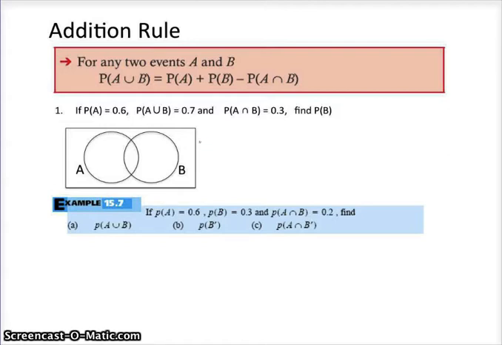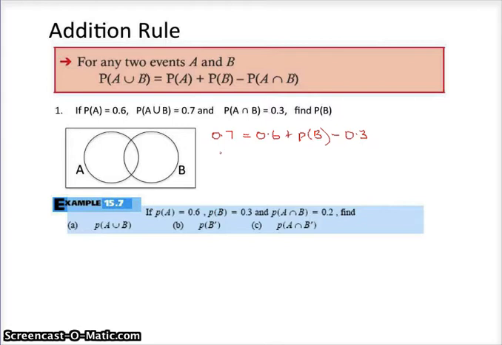So we have the probability of A union B is 0.7, which is equal to the probability of A, which is 0.6, plus the probability of B, which is the thing that we're trying to find, minus the probability of A intersection B, which is 0.3.